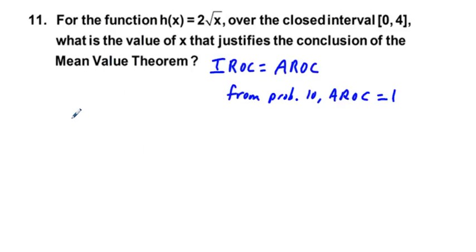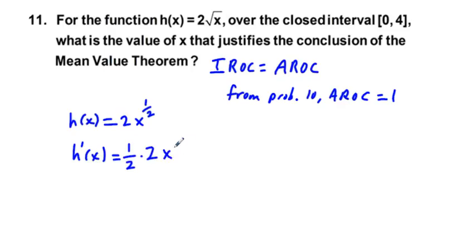And so we're going to differentiate h of x, and h of x is going to be equal to 2x to the power of 1/2. That's what square root is. So what we're going to have is h prime of x is equal to, we multiply this 1/2 out front, so we have 1/2 times 2, and we're going to have x to the negative 1/2.